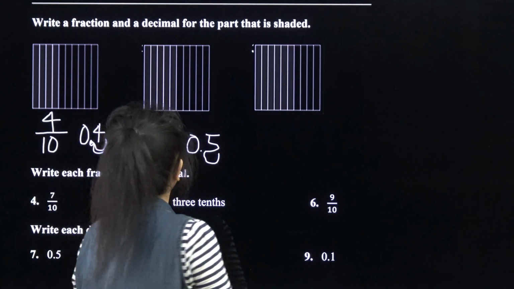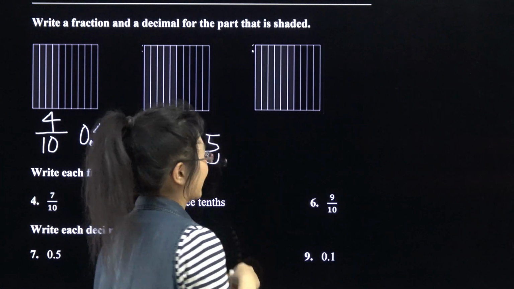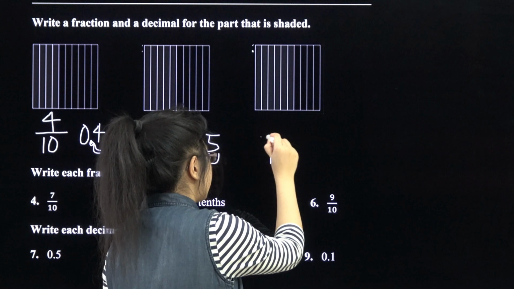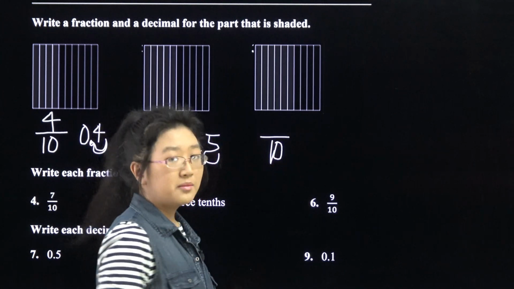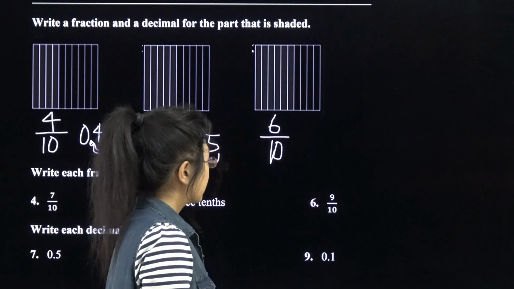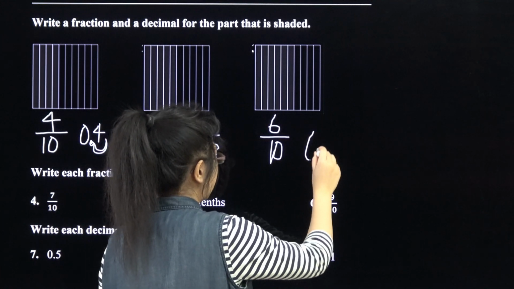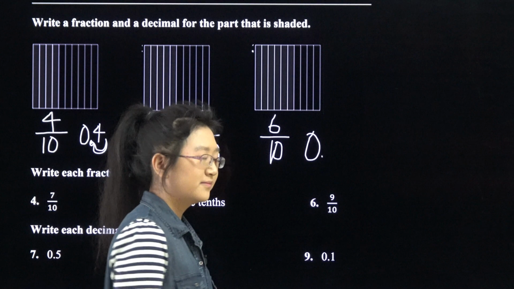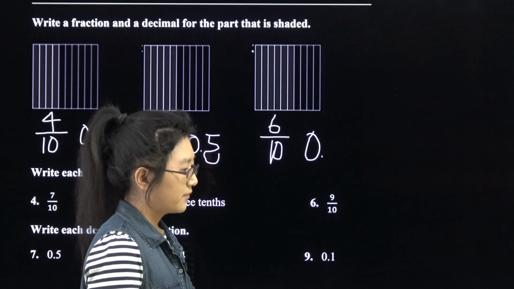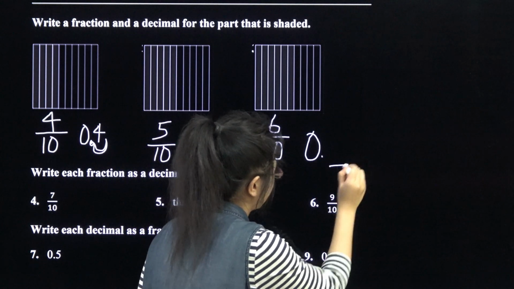Now what about this one? Oh, they're just getting 1 by 1 larger, huh? It's still 10. And this time there's 6 shaded. We put 6. Now it's 0. It's tenths, meaning that there's only 1 digit.